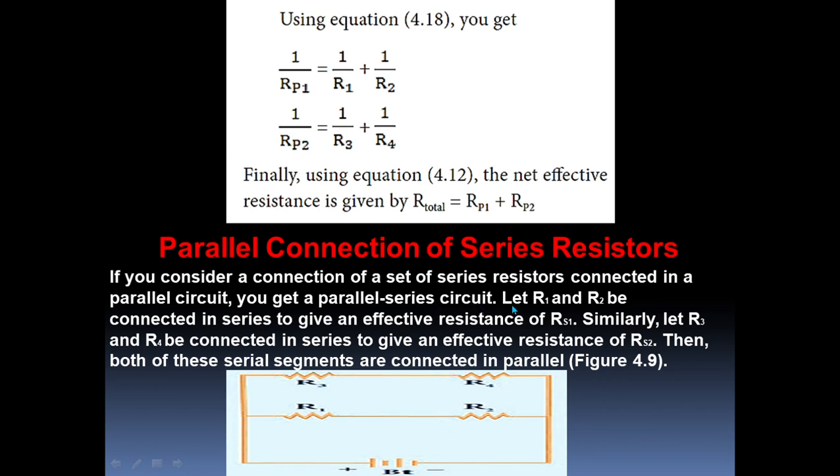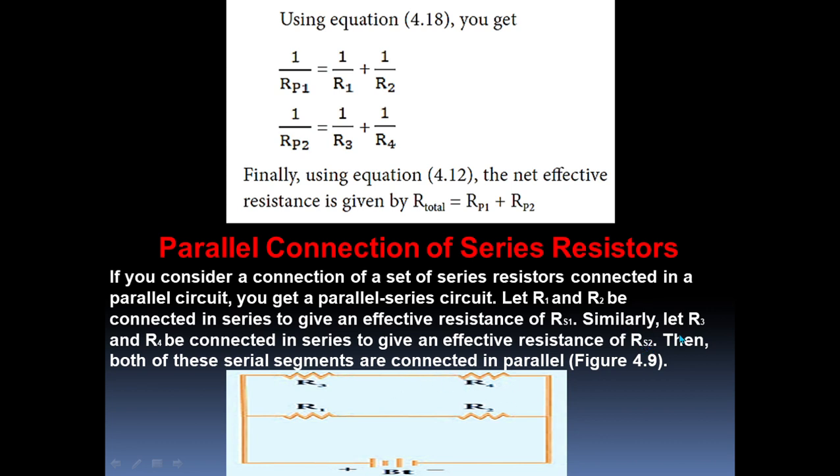Let R1 and R2 be connected in series to give an effective resistance of RS1, which means resistance in series, first pattern. Similarly, let R3 and R4 be connected in series to give an effective resistance of RS2, the effective resistance in series in the second pattern.